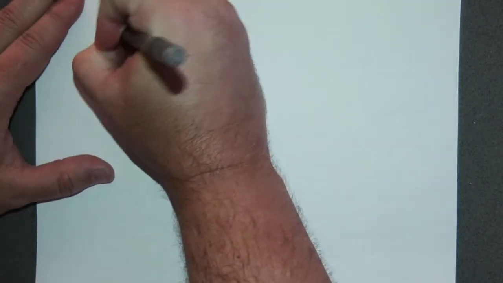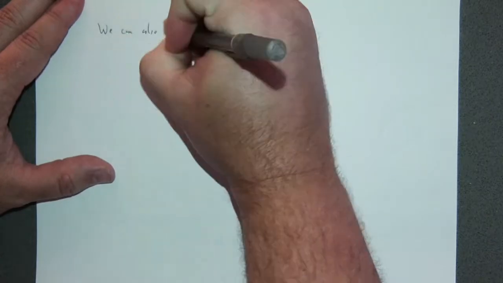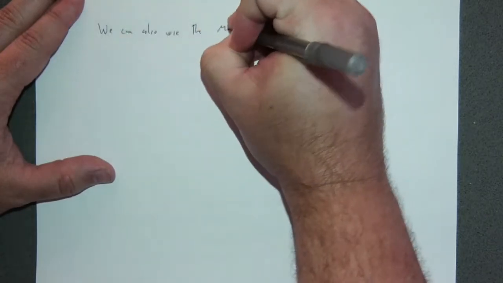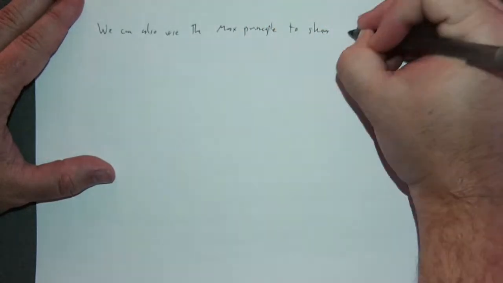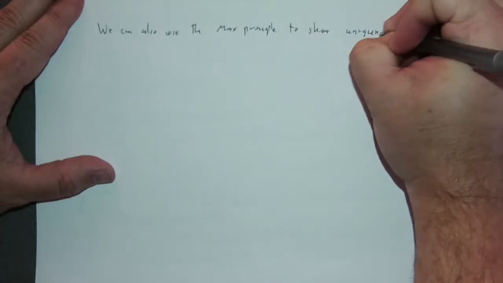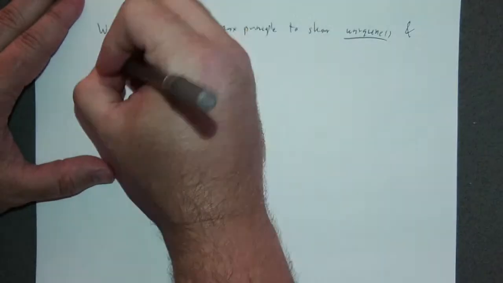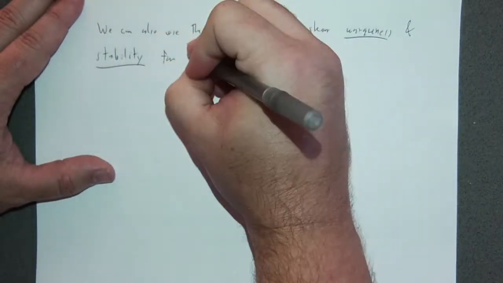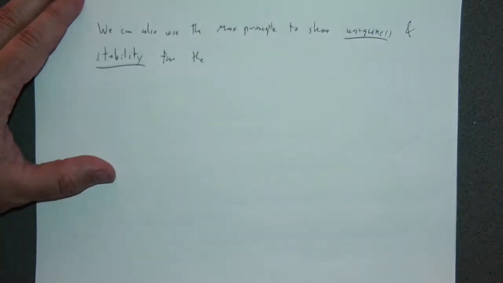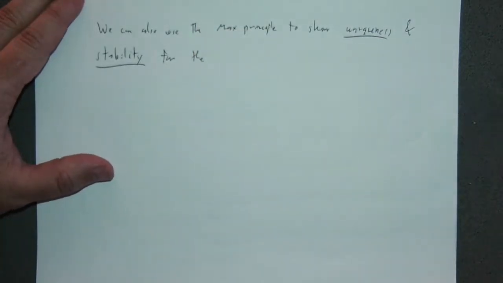You can use the maximum principle for the heat equation to show uniqueness for the corresponding IVP, BVPs. Here, we can also use the maximum principle to show uniqueness and stability for, say, the Dirichlet problems, which are the easiest ones to do it for.